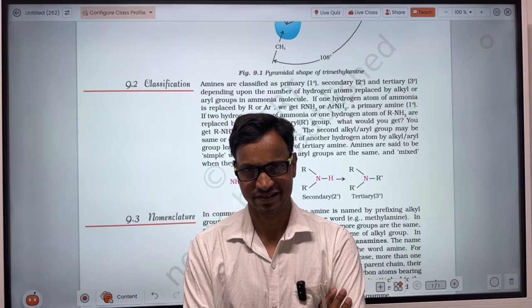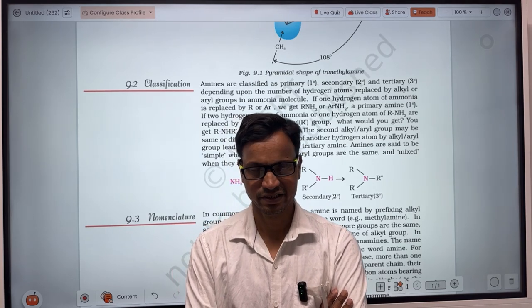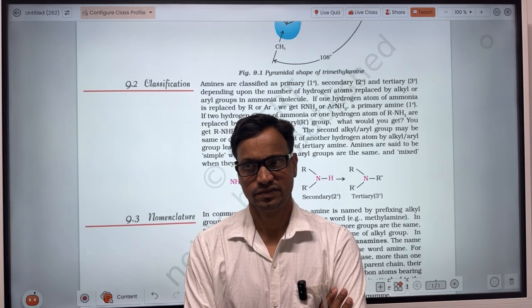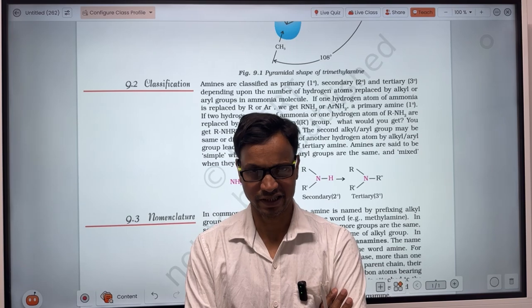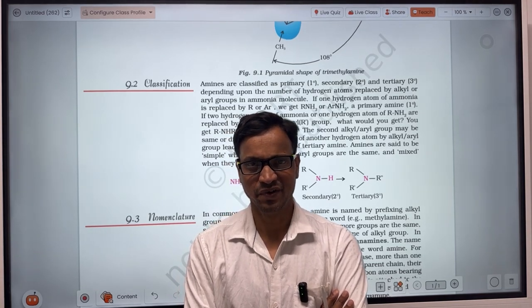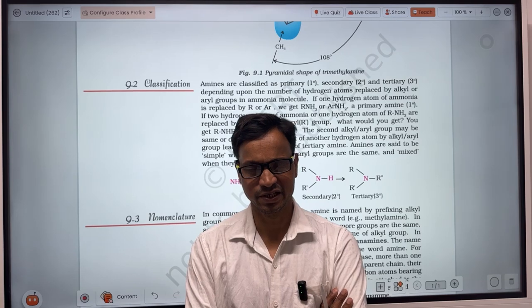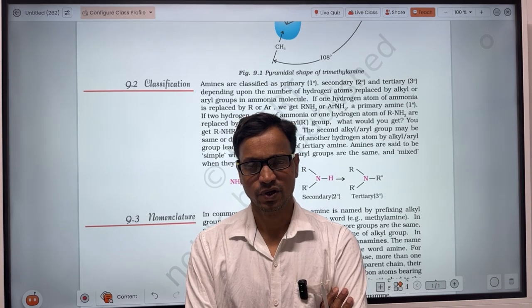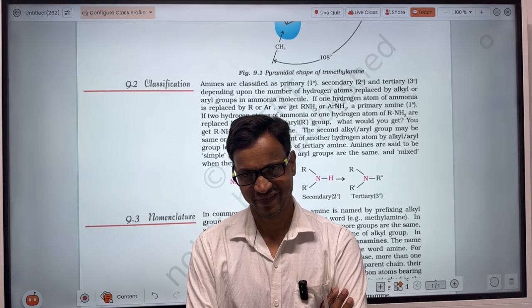But in the case of amines, what matters is how many hydrocarbon groups are bonded to the nitrogen. If only one hydrocarbon group is bonded to the nitrogen, it is called a 1 degree amine.